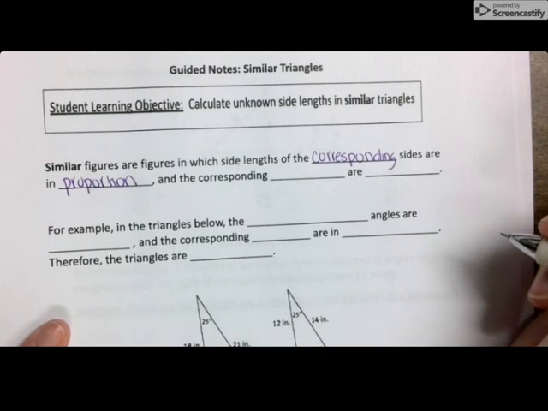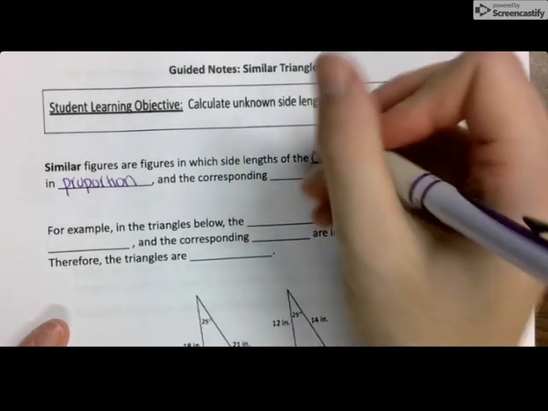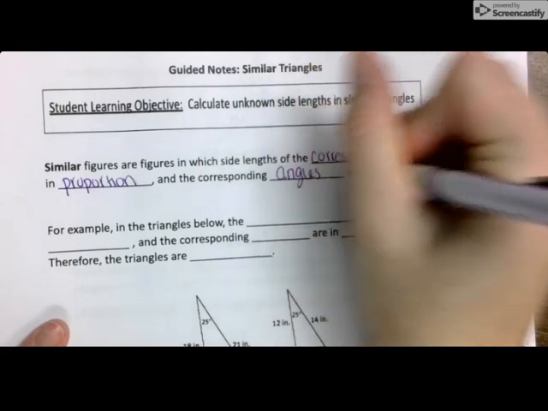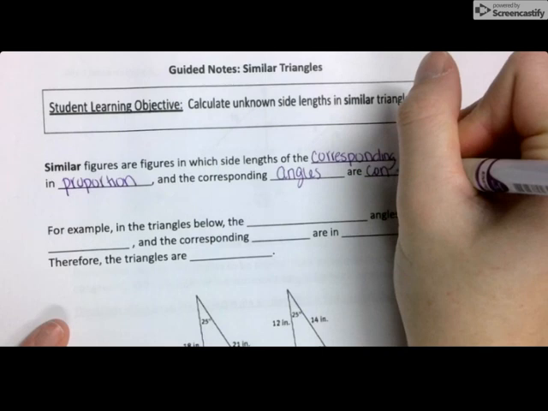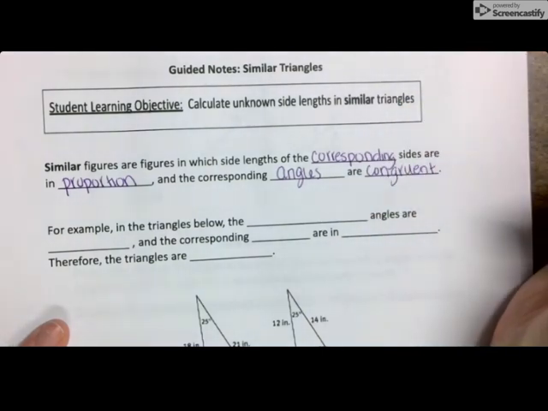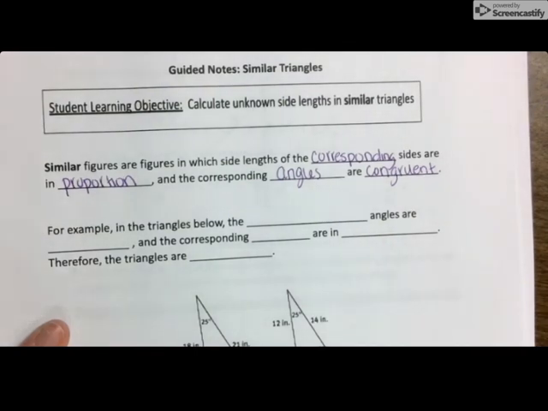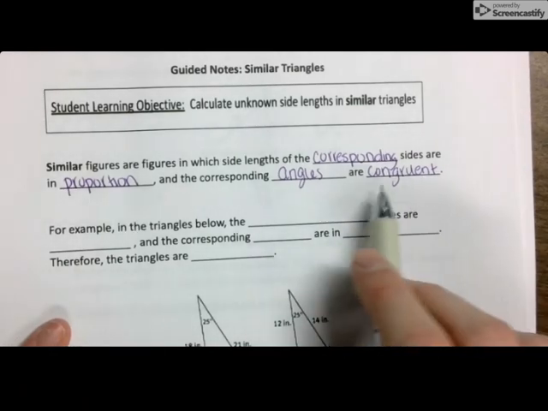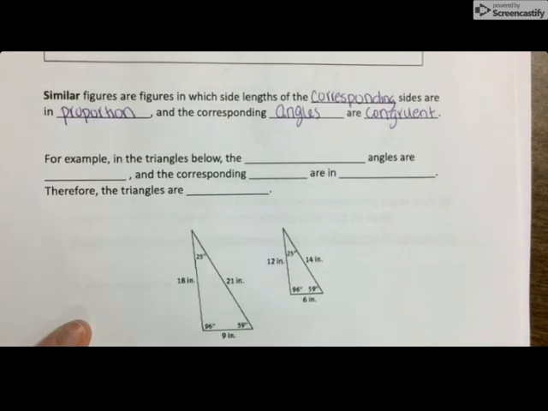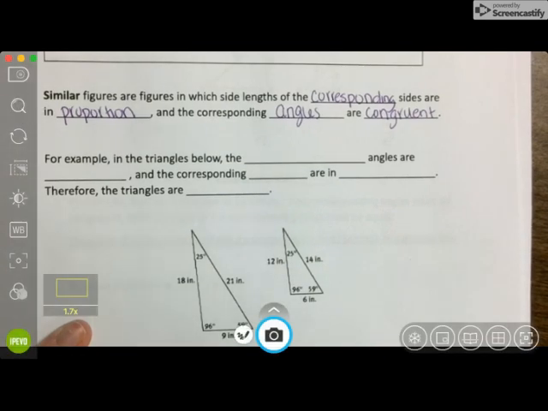They can be reduced down to the same thing. And the corresponding angles are congruent, okay? That's what you are working on in your IXL this week with your angles or sides that are congruent, meaning the same, okay? Then it says, let me zoom this in just a little bit more.